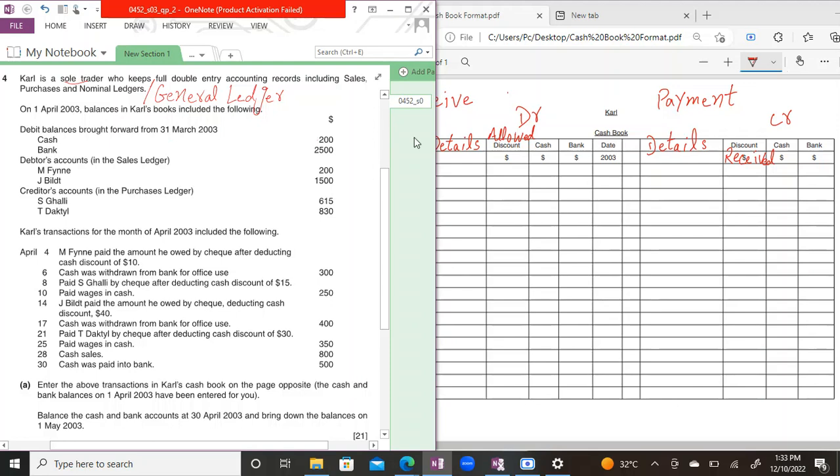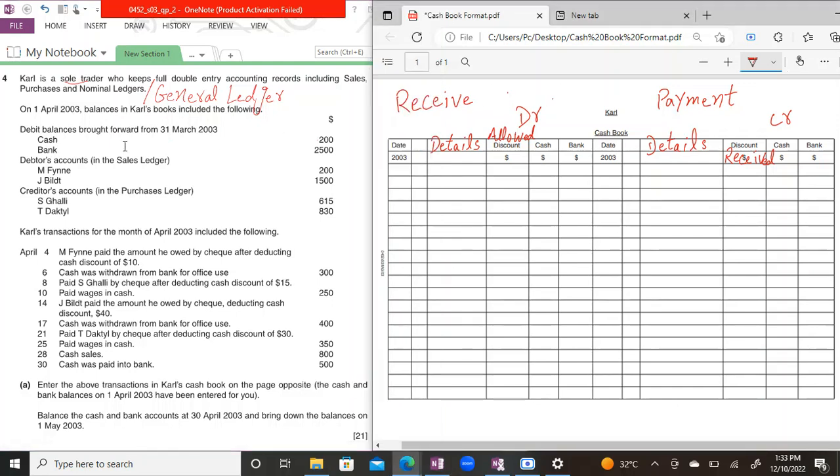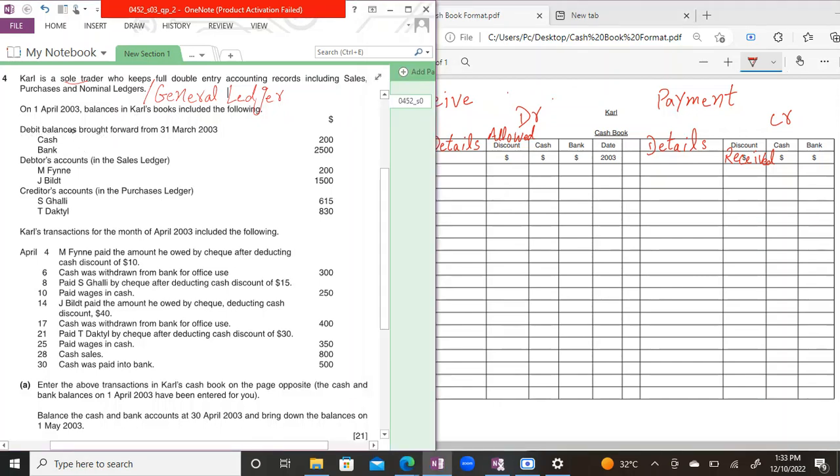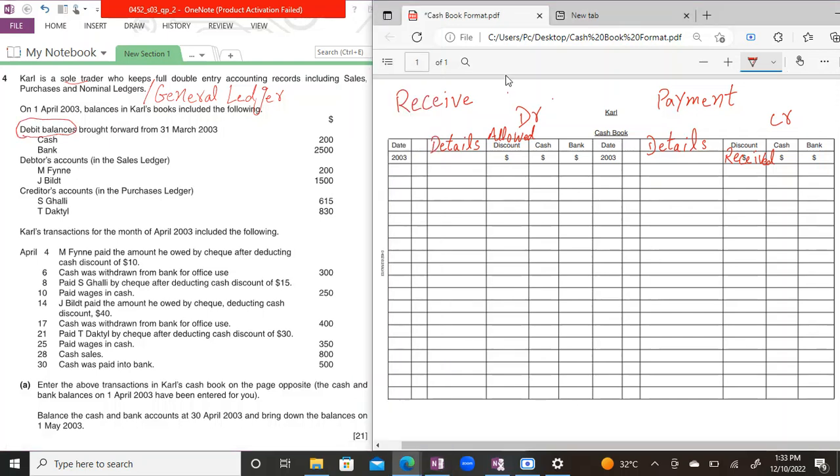So now for the cash, we have 200, and for the bank, we have 2,500. So he already said to you that both of them are debit balances. So you can see here, both of them are debit balances. So we will write here on our debit side.